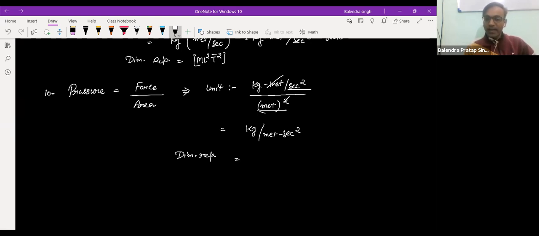Okay, so there is a correction. The dimensional representation of kilogram is capital M, divided by meter, which has representation capital L, and second has T square. So the dimensional representation is M L raised to the power minus 1, T raised to the power minus 2. So it's M L minus 1 T minus 2.